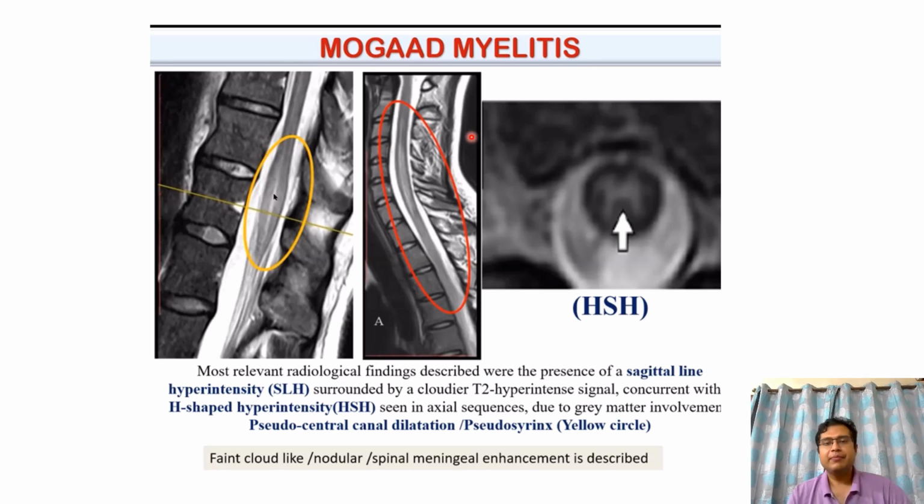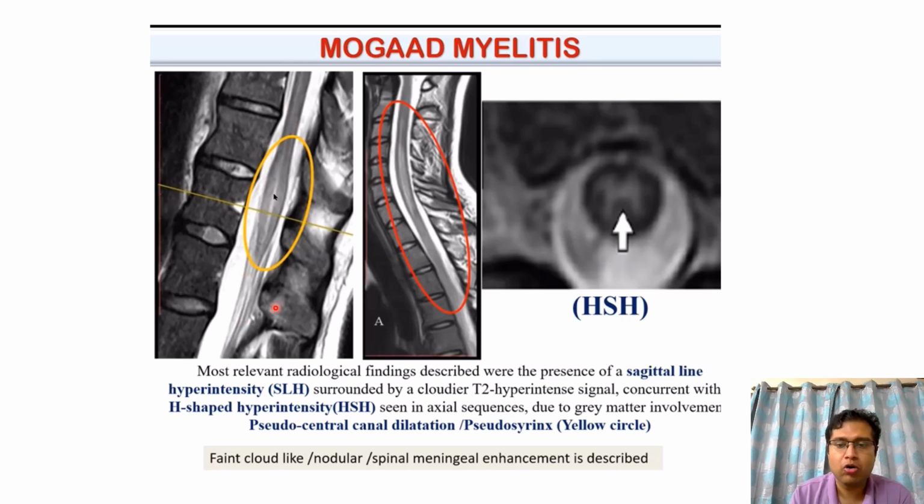Coming to spinal cord involvement of the demyelinating diseases, starting with the disease we are already discussing, that is MOGAD myelitis. In MOGAD, the spinal cord involvement is typically of a pseudosyrinx type, where we can see a sagittal line hyperintensity along the spinal cord.